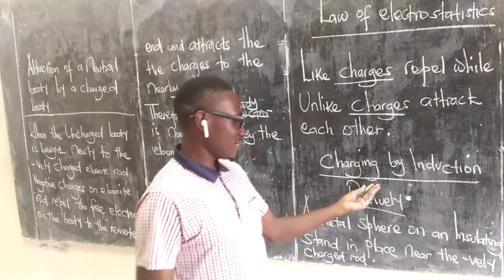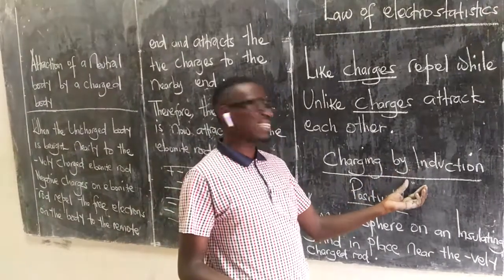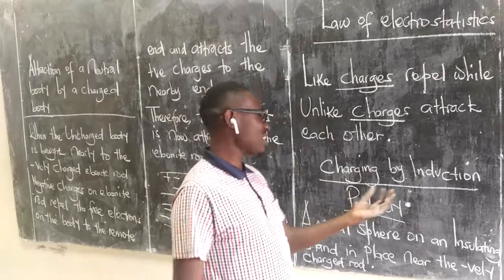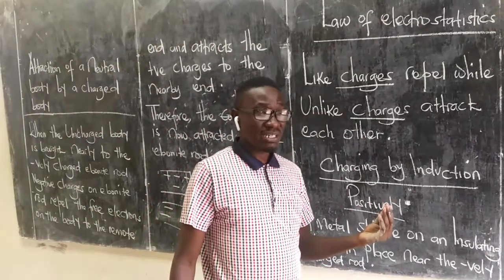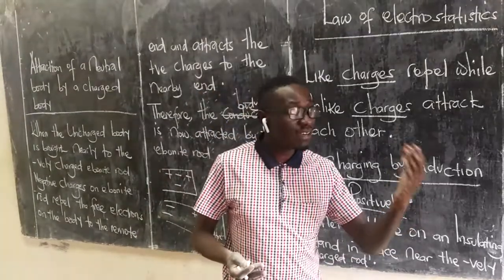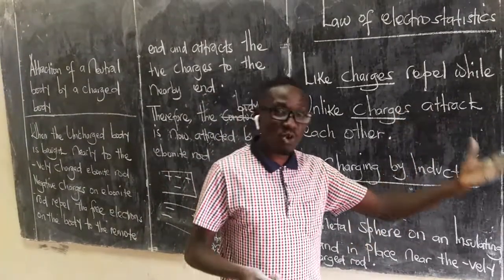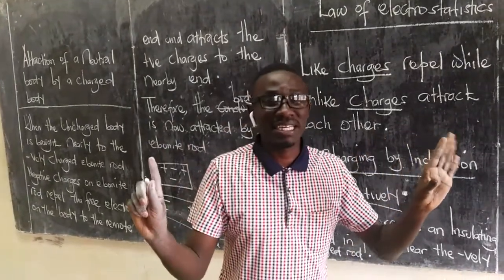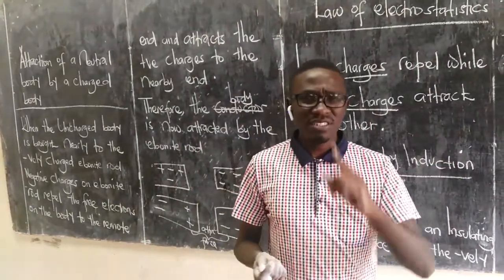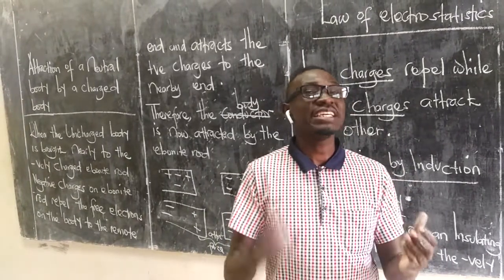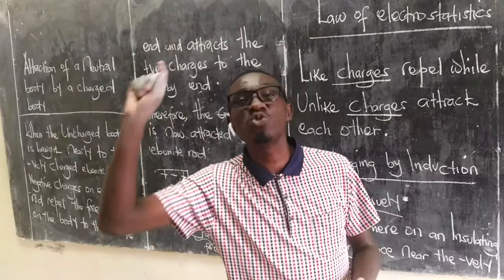Now, members, let us look at charging by induction. We've looked at charging by rubbing. We said another method is charging by induction. Like I told you, how do you get coronavirus? You get coronavirus when you stand near someone who is coughing, when someone is sneezing, and then you touch your soft parts. That means you are not supposed to get that virus, but the virus has been induced in you, onto you.